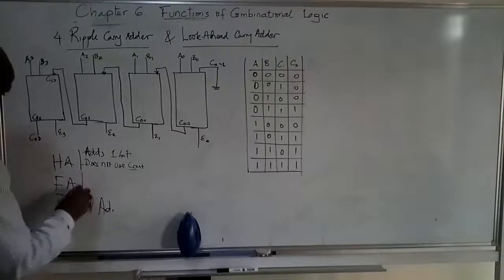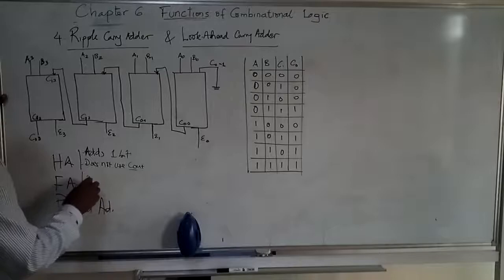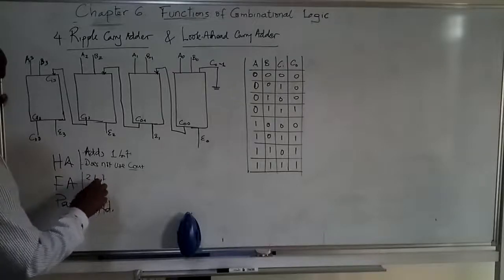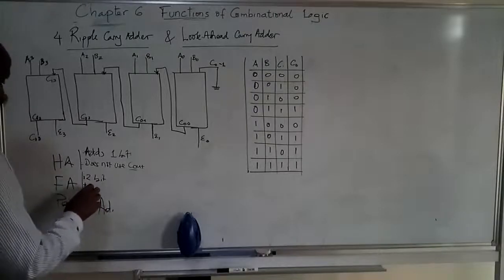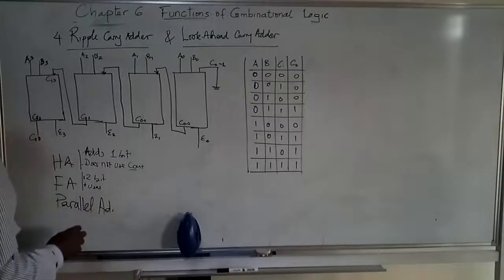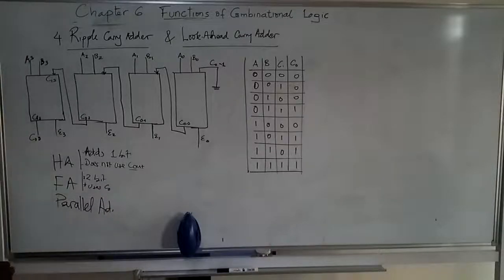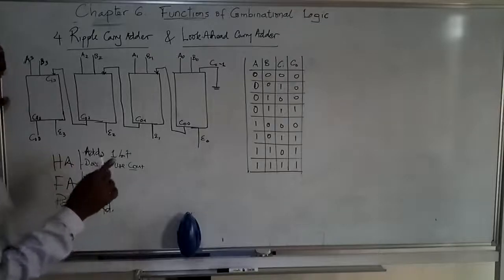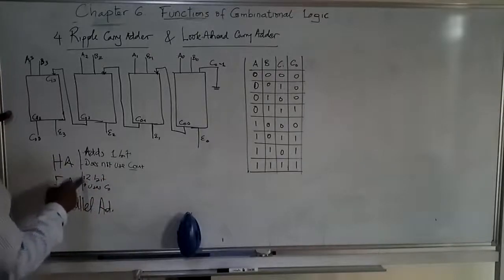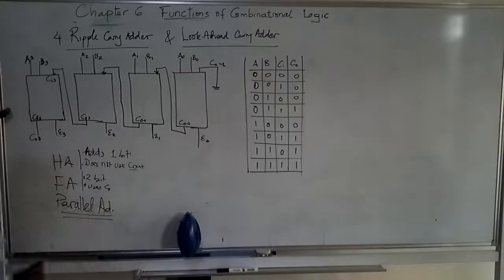But the full adder can add 2 bits, and it uses the carry out. Now we have seen that if you have more than 2 bits, we can use parallel adders.